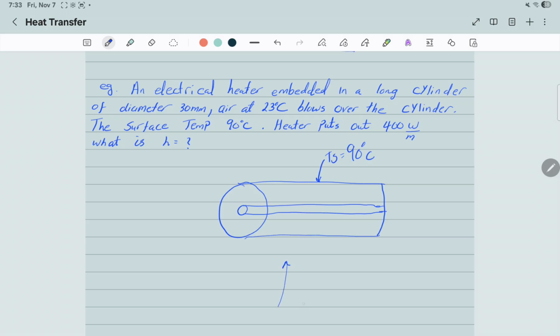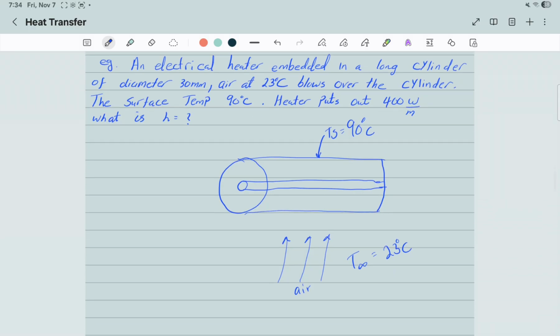The air blowing at the cylinder has a temperature of 23, so the temperature of the surrounding, T infinity, is 23 Celsius. And we're looking for H. So this is your cylinder, and here is your heater.